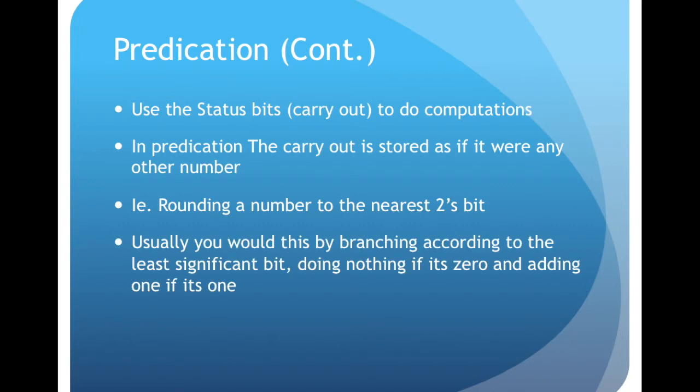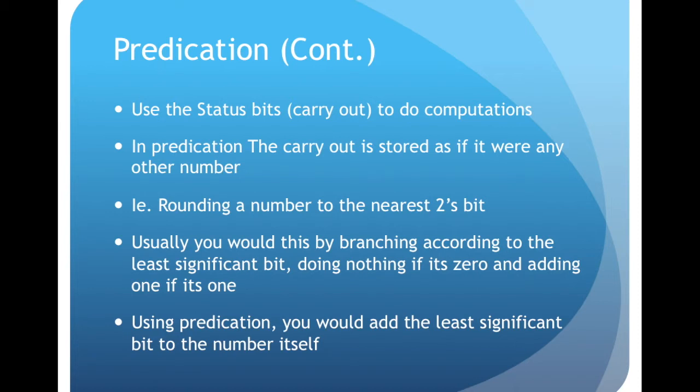Usually you would do that by shifting a copy of the number to the right so that the least significant bit underflows, and then branch to an increment instruction depending on the status bit of the underflow. But a predicate to the problem would be to add the saved status bit to the number itself. Because if the least significant bit was on, it will add 1 to the number, and if it's off, it will do nothing to it.